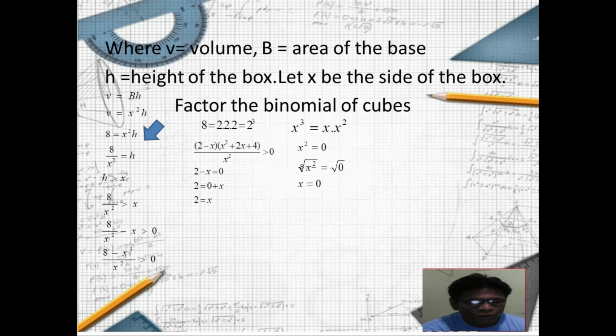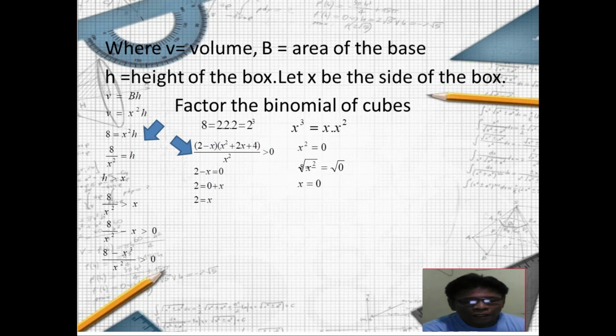With the rule to factor the binomial of cubes, the first quantity is the binomial, 2 minus x, and the second quantity is the trinomial.